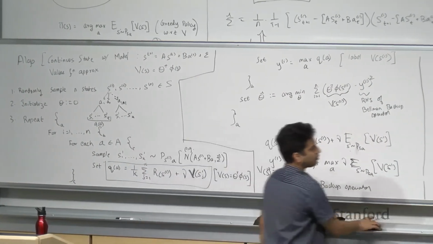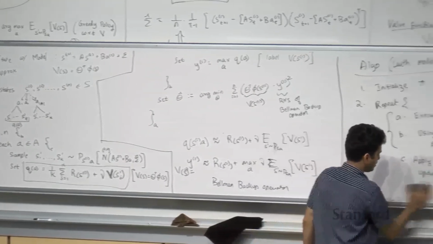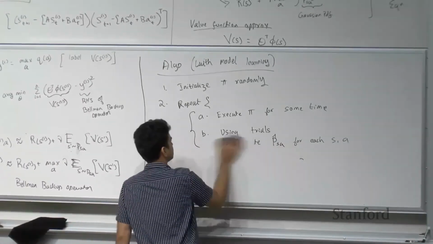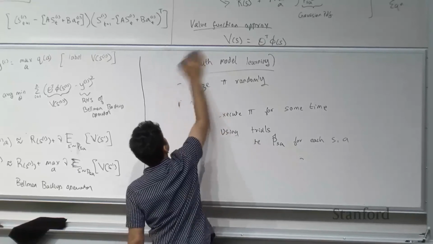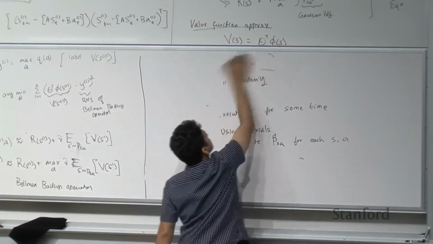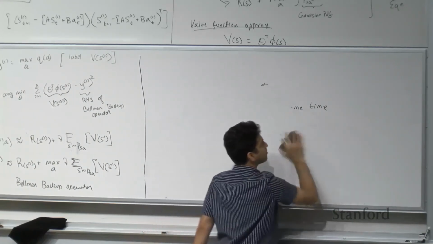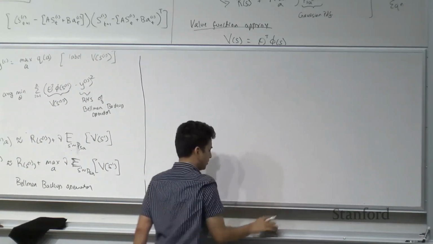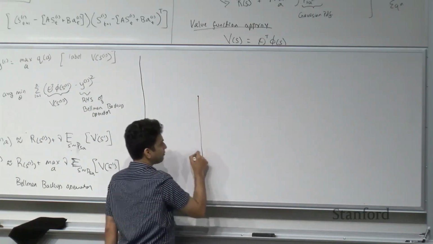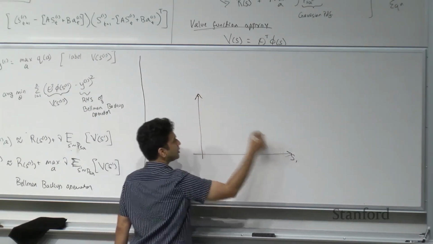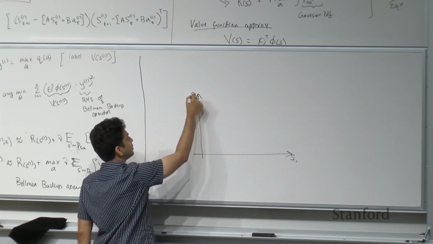And another way to understand this better is if you remember value iteration, S1 through SD.